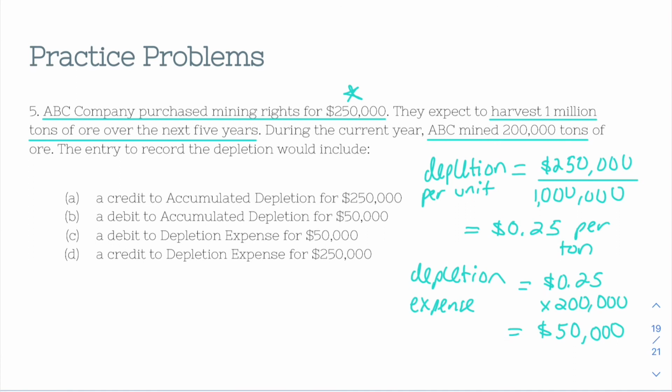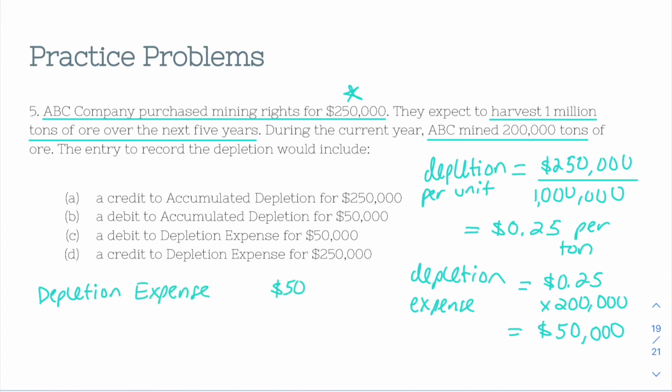So you know that depreciation expense is always debited and accumulated depreciation is credited. For depletion, it's similar. You are going to debit depletion expense for the amount. So depletion expense is debited for $50,000.